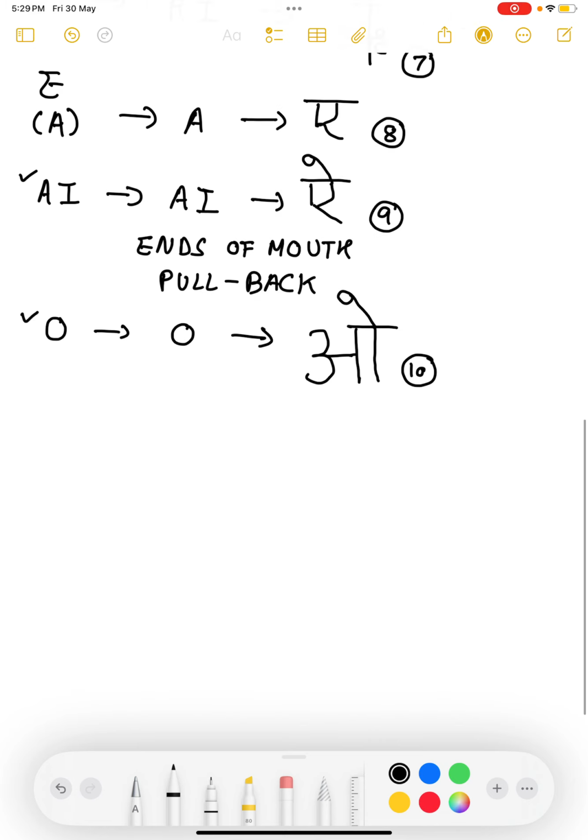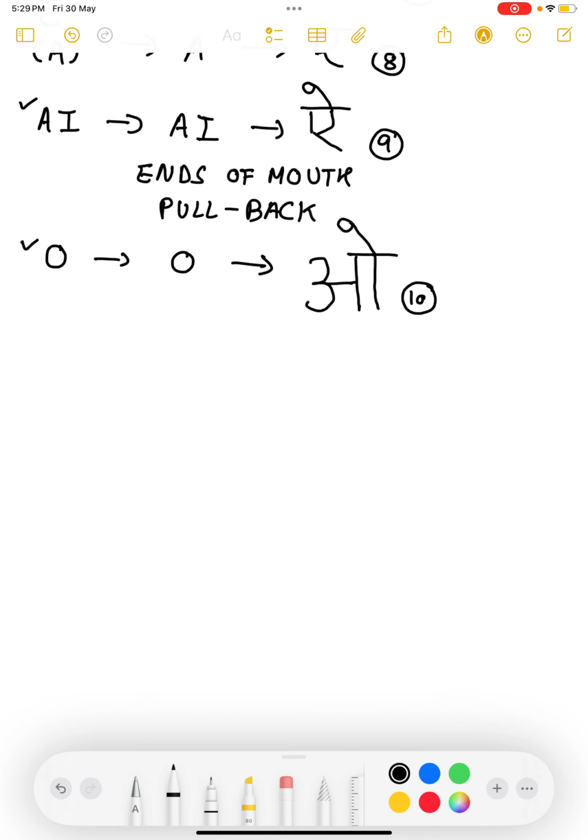11th one now. This sound is O. Written down as AU. It sounds a bit more like this.